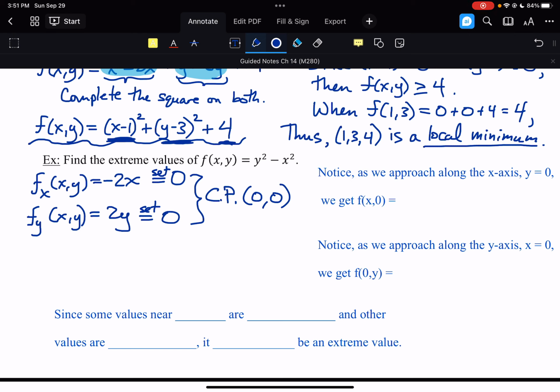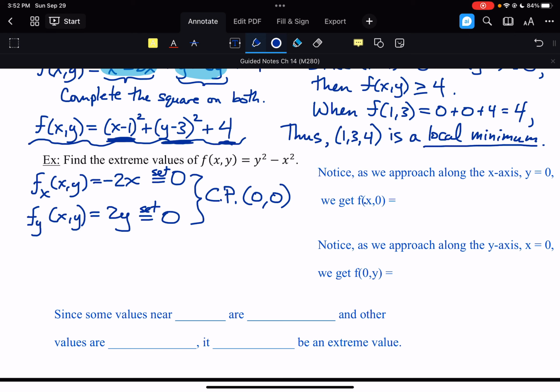Now, if we were going to try to reason through what happens to this function around this point, let's look at a couple different directions, a couple different approaches. So we're going to start looking at some of my filled in stuff over here. So notice as we approach along the x-axis, so we're getting closer and closer to the origin along the x-axis. That's the line y equals 0.